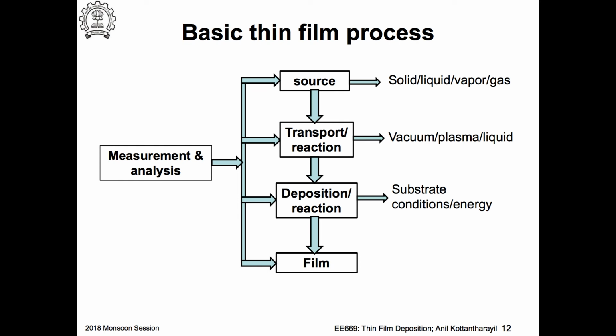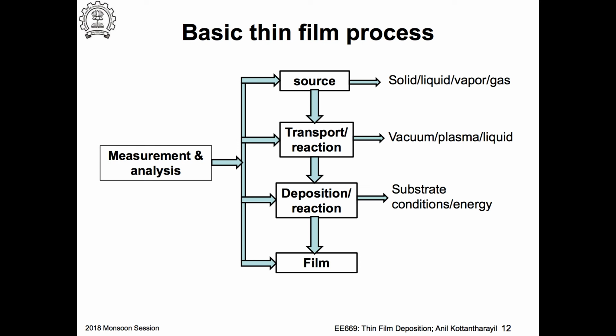And on the way you do a lot of measurements to study the actual process, how the growth is evolving, right? And you want to control the temperature, the thickness, the composition of the material, and so on and so forth.